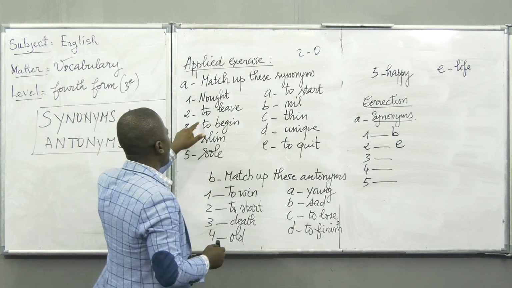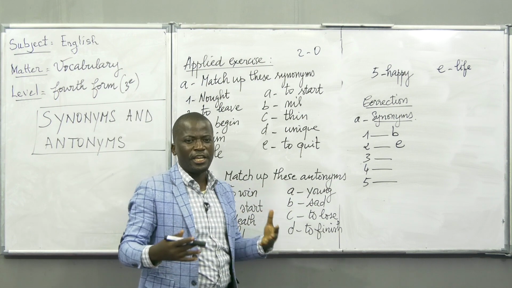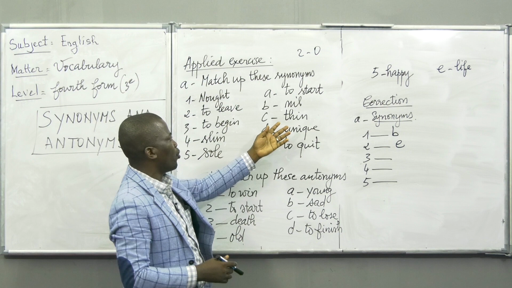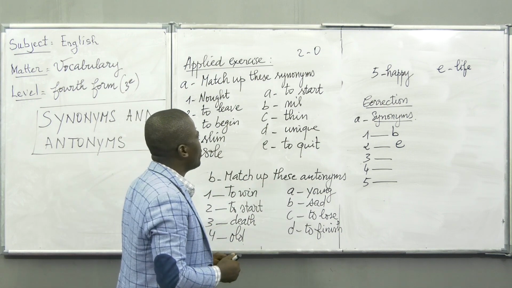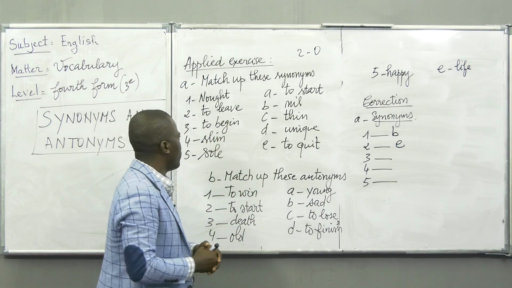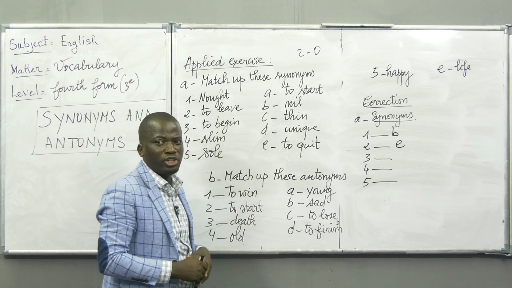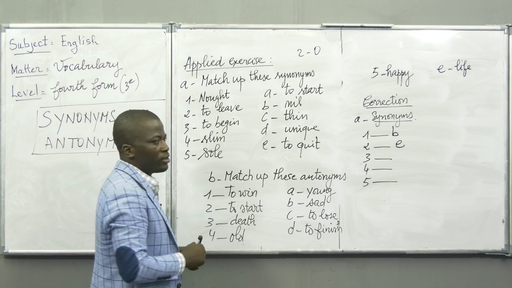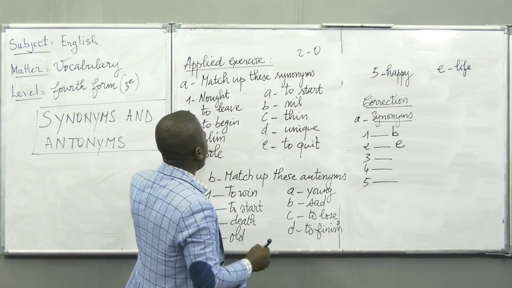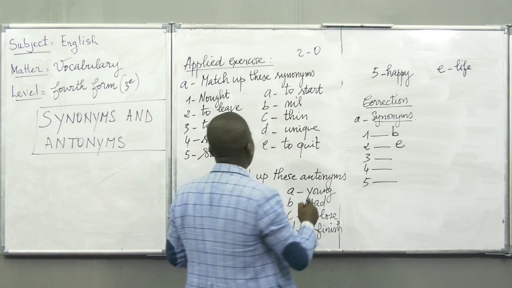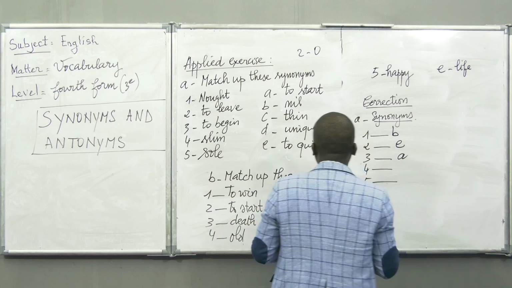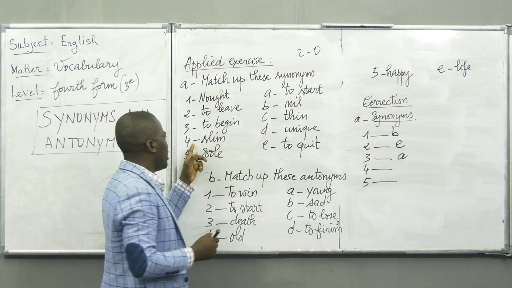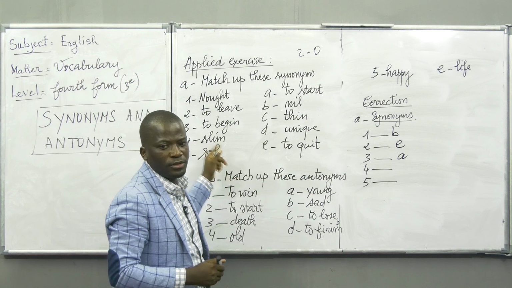Thank you. Now, number 3, to begin. Try to look at the words over there and find the synonym of to begin. As it is a verb, now the synonym must also be a verb. Yes. To begin, to start. Then I write letter A. Slim. The fourth one.